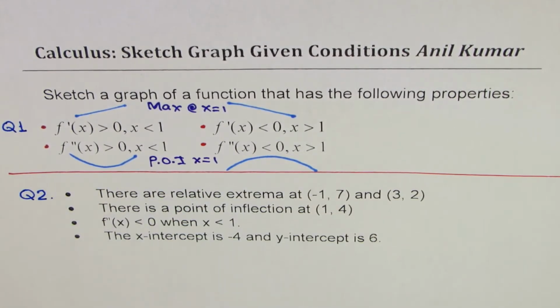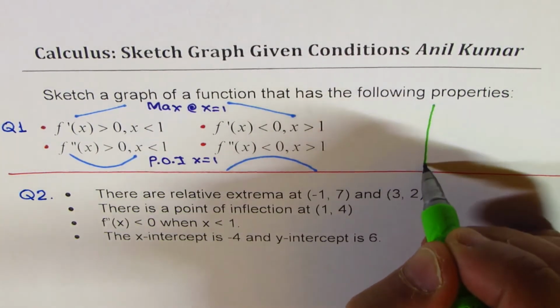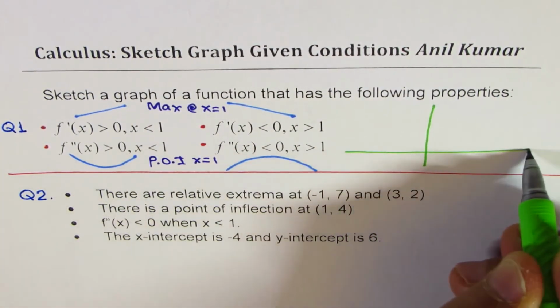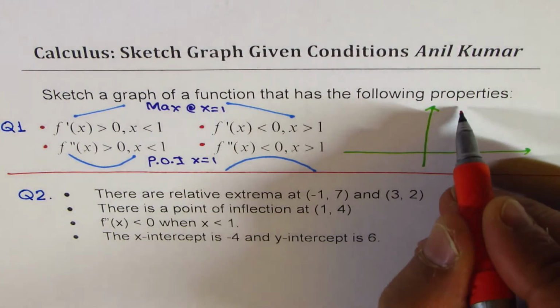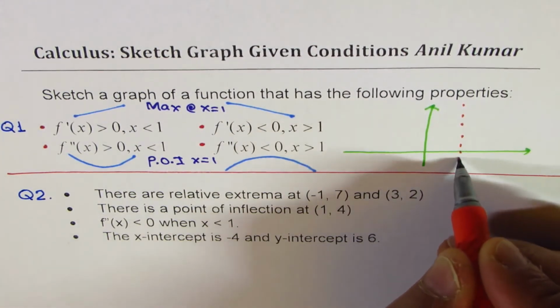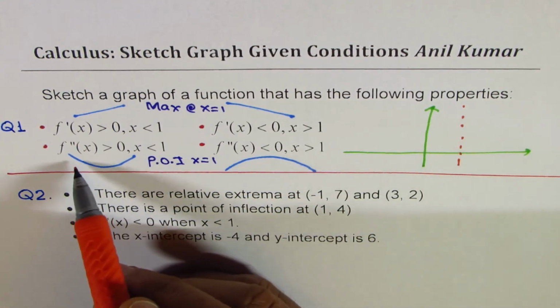Now how do we sketch such a graph? Let's try to make an attempt. So what we have here is a function. Let us say this is x equals 1. On the left side, it is increasing and concave up.